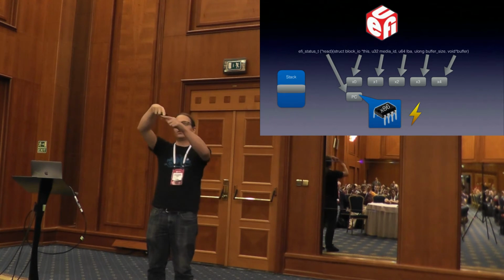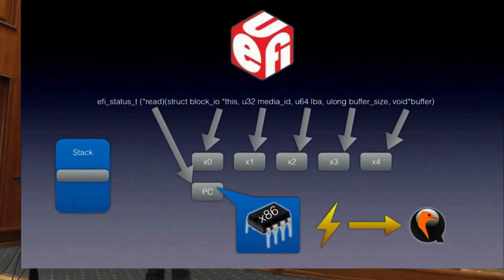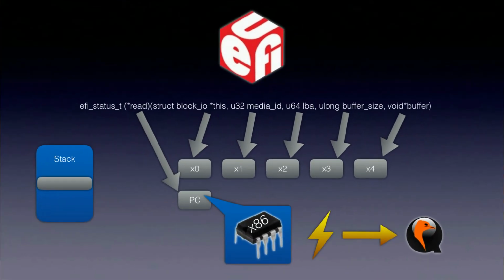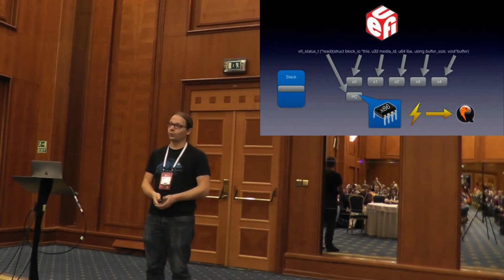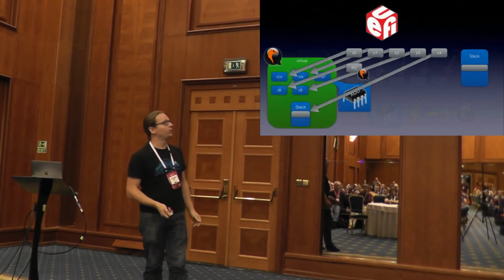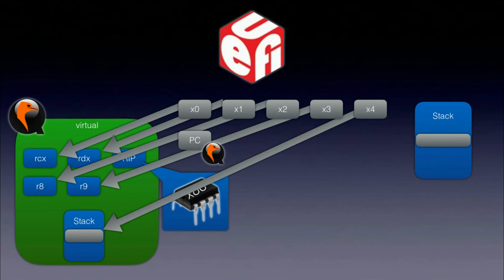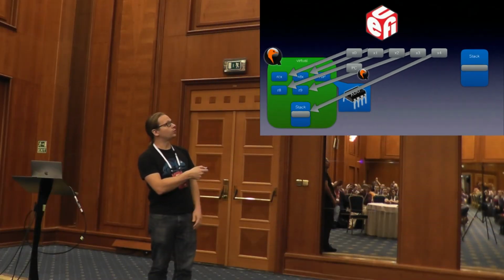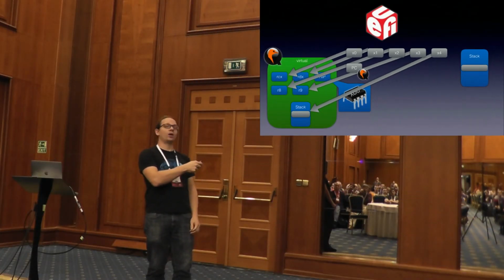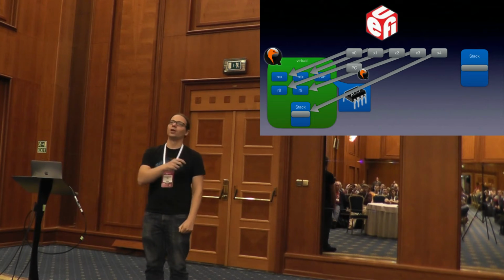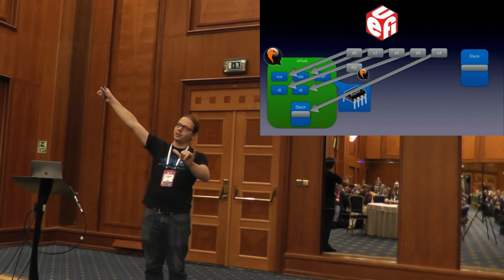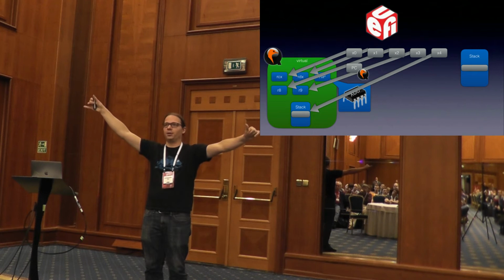And that fault we can then handle, and instead of bailing out, we can just go and call into our QEMU code, which can then create a virtual x86 CPU where it plugs all of those registers that we had into x86 registers to basically convert from one calling ABI into the other calling ABI.